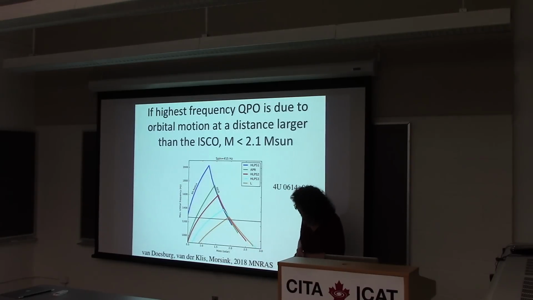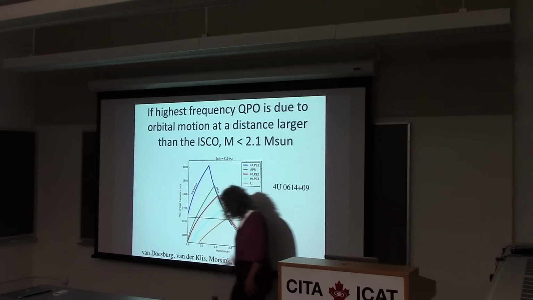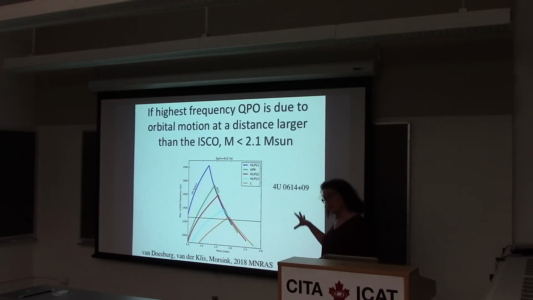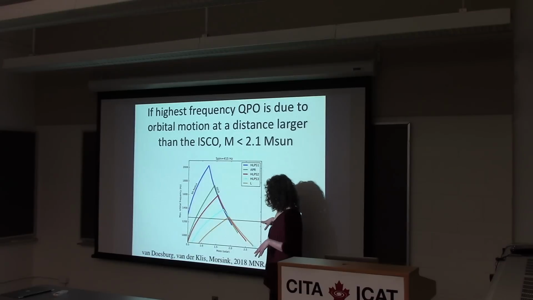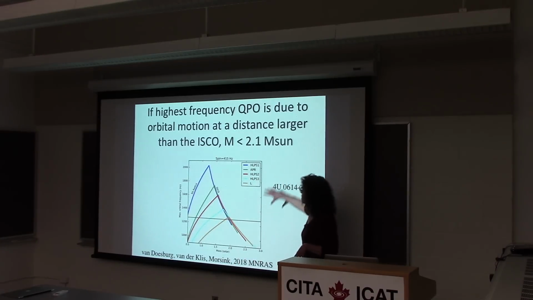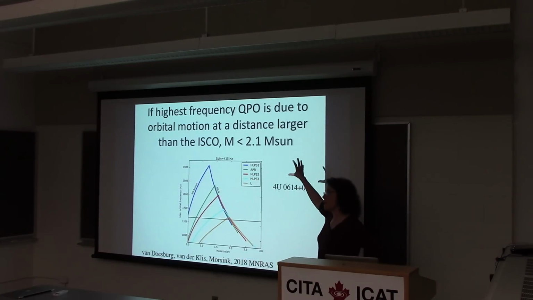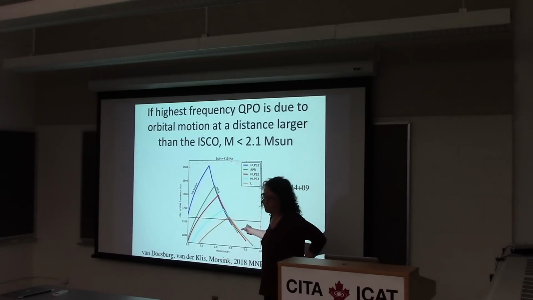And so these observers, Marijke van Dorsburg and Michael van der Klees, were observing these QPOs, and they found that one particular system had this very high QPO, and they were wondering how to interpret this. Suppose this frequency that they're seeing is actually due to orbital motion, which is not a given. That might not be a correct interpretation.